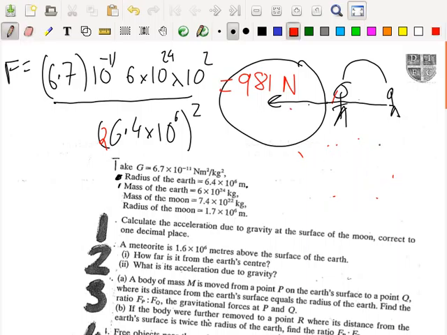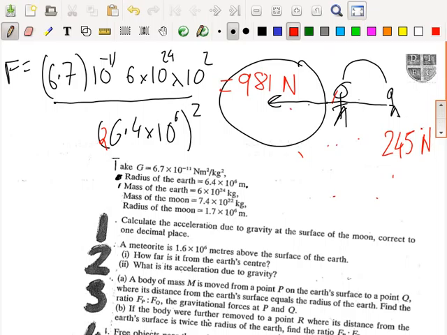No, see, there's a lot of questions together. That's all. 490. So do it from the beginning. I think you have to use more brackets in your calculator. 2 multiplied by 6.4.